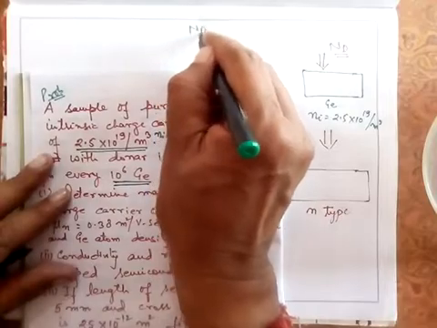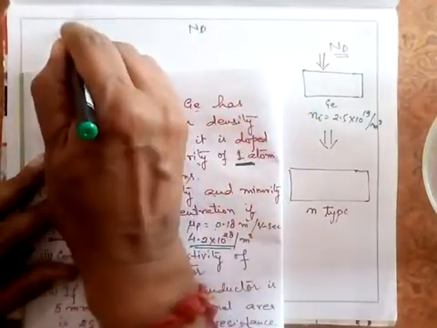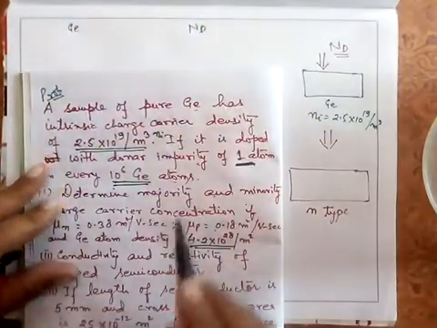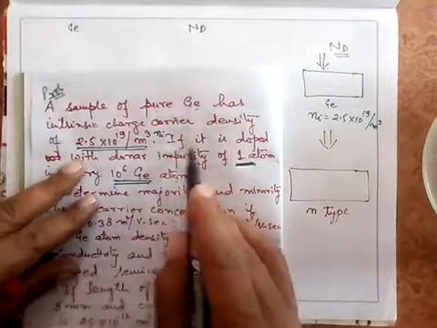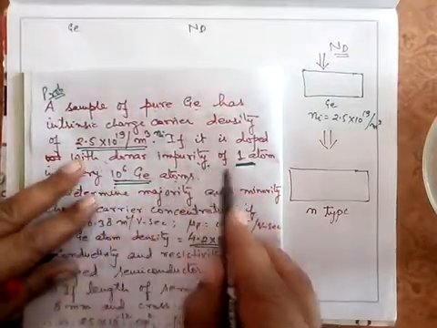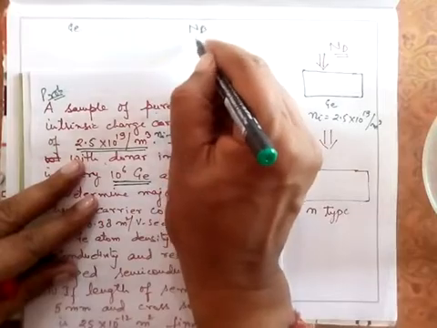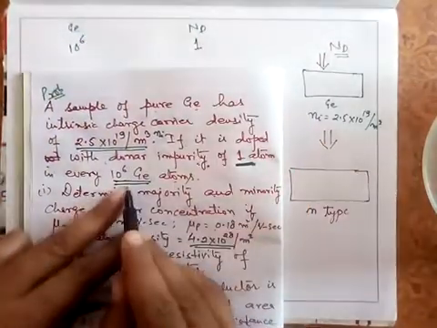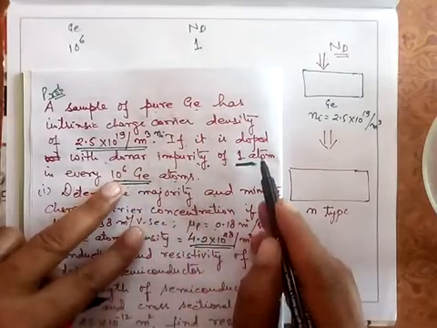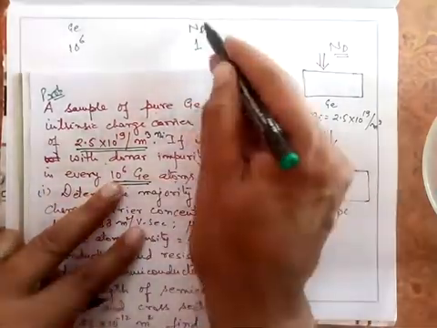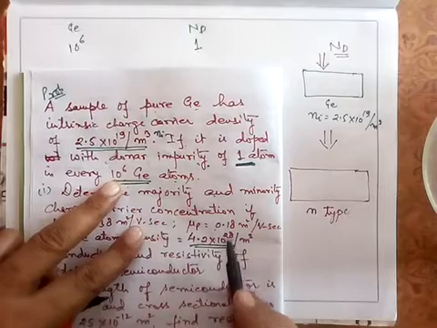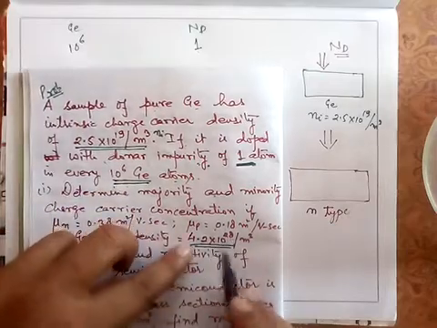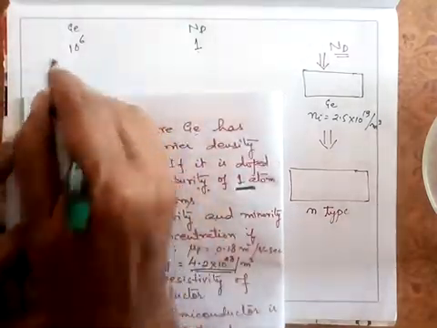It says Nd, and these are the germanium atoms. It is doped with a donor impurity of 1 atom in 10 to the power 6 germanium atoms. In 10 to the power 6 germanium atoms, 1 Nd atom is there. And it says that the density of germanium is 4.2 into 10 to the power 28.